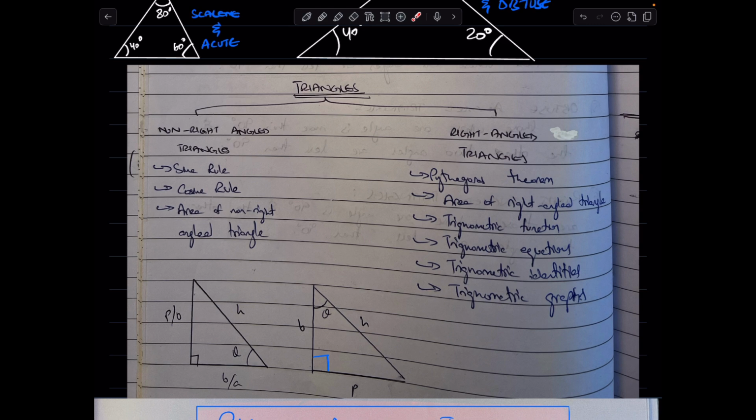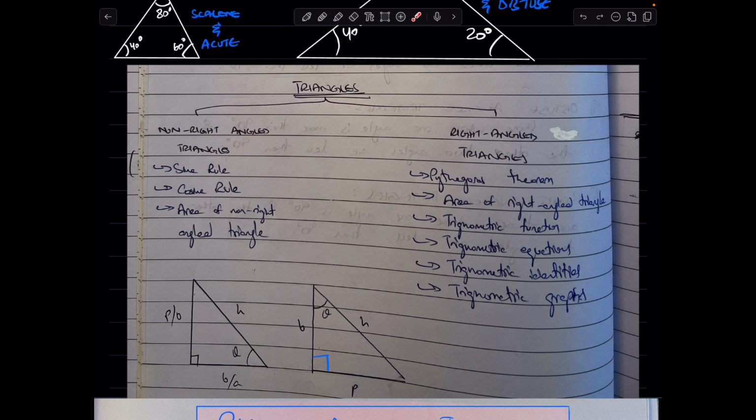Similarly, we will also talk about the area, half base times perpendicular height, and the trigonometric functions of SOH CAH TOA. And we will talk about these three things in a future class.